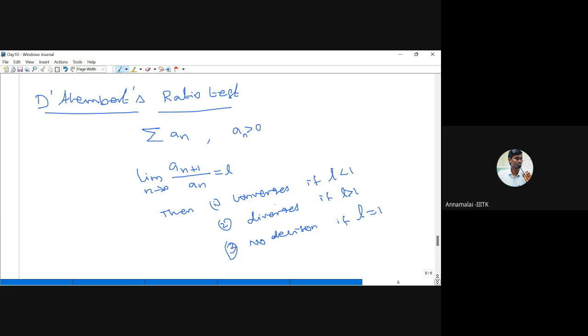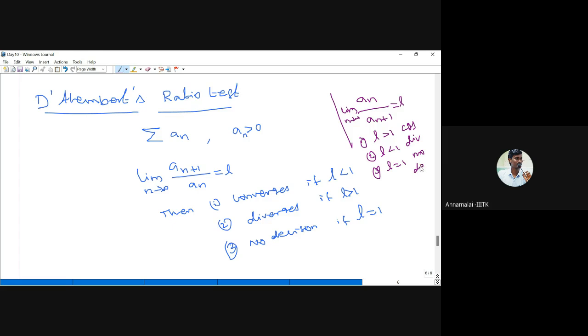Suppose instead you take the nth term by the (n plus 1)th term and find the limit L. Then if L is greater than 1 it converges, if L is less than 1 it diverges, and if L equals 1 there is no conclusion.